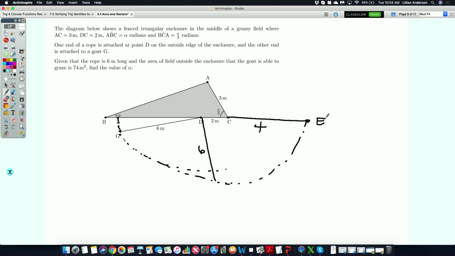But once he hits that point, he's going to be running against the other side of the fencing. Part of the rope is going to be tight. And so now, as he continues to graze, how big is this? It's now 4, because he can only go 4 meters out, no matter what part he's in, including right here.